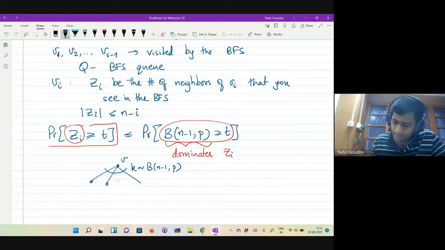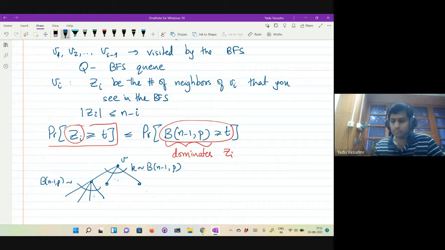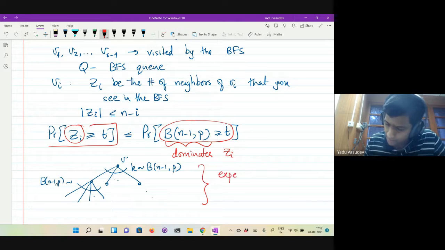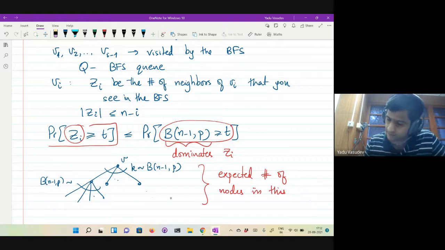For each of them, you choose some number of children according to the binomial distribution n minus 1 comma p, and you keep doing this. Okay. Now the question that you want to ask is, what is the expected number of nodes in this tree, basically?